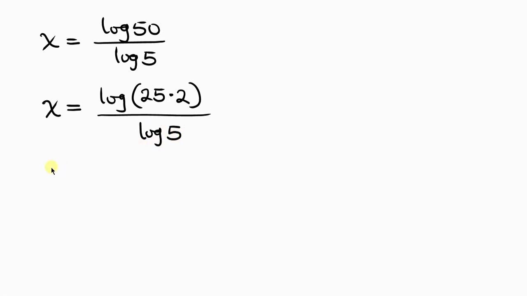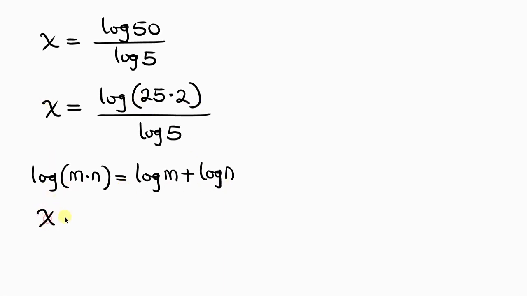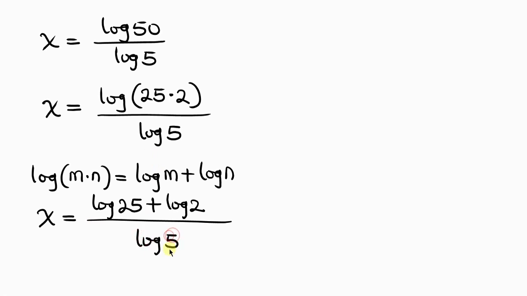Now our next step will be for us to apply the law of logarithm, which says when I have the log of m times n, this is same as log m plus log n. So let's apply this law of logarithm here. So we have x to be equal to log 25 plus log 2, just like this, all over log 5, which we have on the denominator.